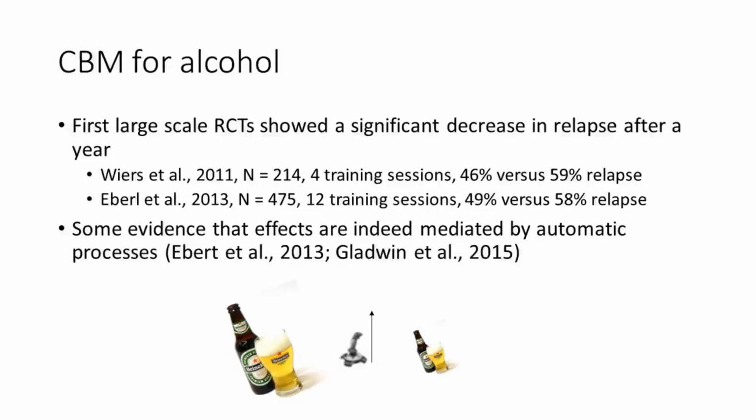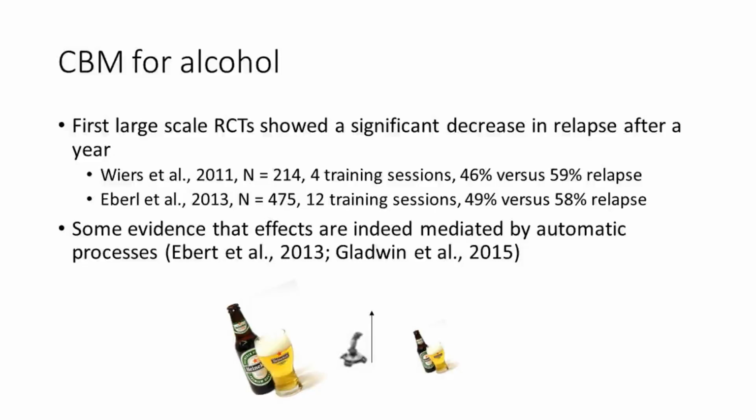This is a very stable kind of relapse rate over a lot of years. I couldn't get this lower, but by doing this extra manipulation, you take it down about 10 percentage points. Subsequent research, I can't go into it, but we know a bit about the mediating processes. We know a bit about the effects on the brain, how the brain is affected by doing this kind of training. So that's quite an interesting story as a whole.